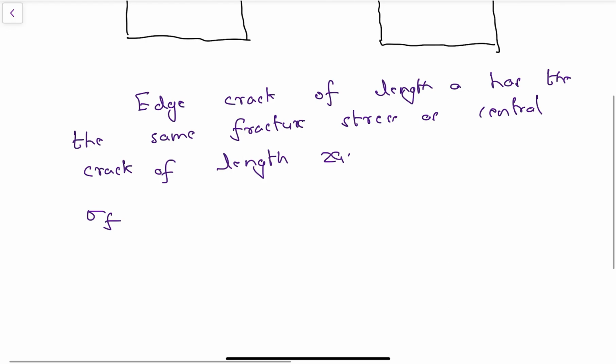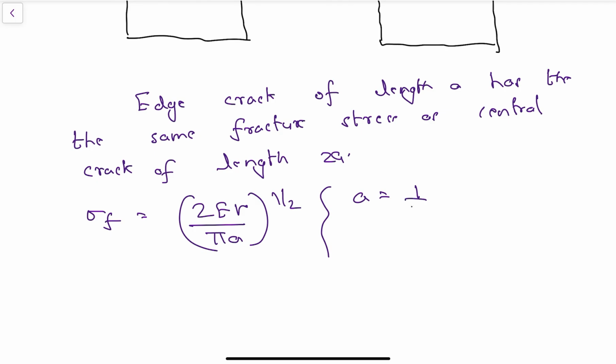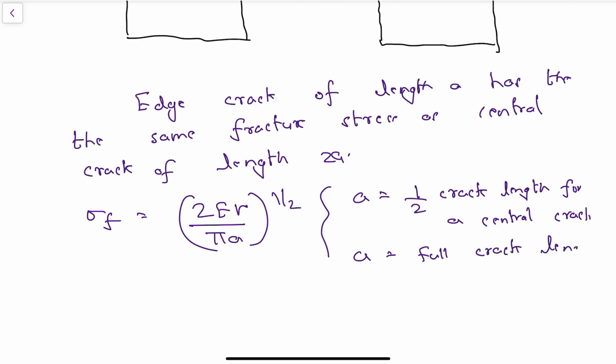That means fracture stress sigma F is equal to (2Eγ/πa) whole raised to half. Here a is equal to half crack length for a central crack, and here a is equal to full crack length for an edge crack.